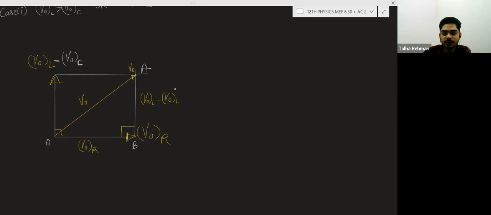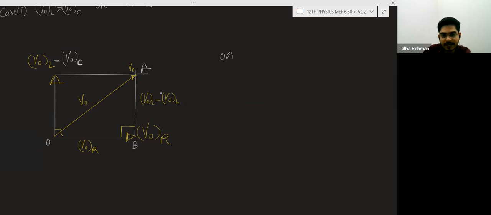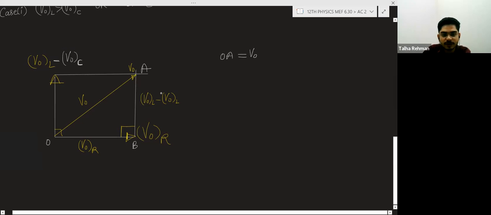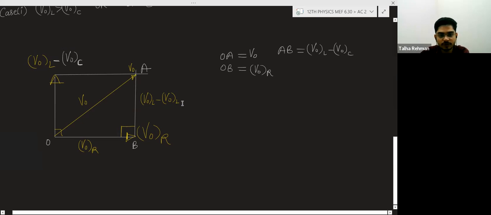Opposite to the 90 degree will be the hypotenuse. Your OA length is equal to V naught, which you want to find. Your OB length is equal to V naught R. Your AB length of the triangle will be V naught L minus V naught C.